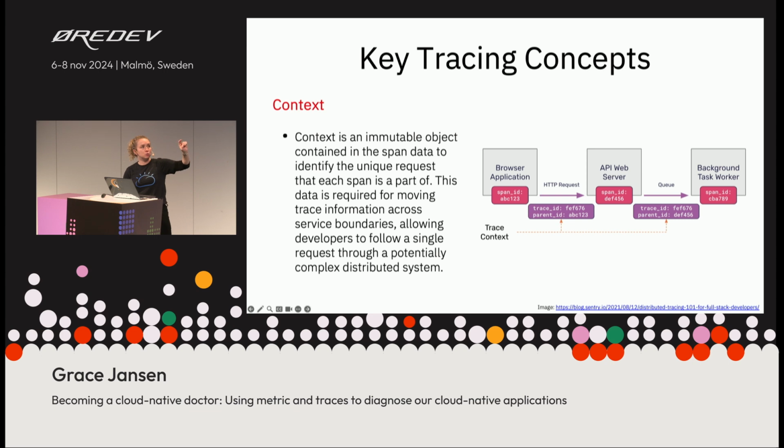So you can see that as we go along, the combination of these 2 values, trace ID and parent ID, allows us to link together all of these spans to know that they're all part of the same request. And not only that, but also to identify the order in which they occurred.